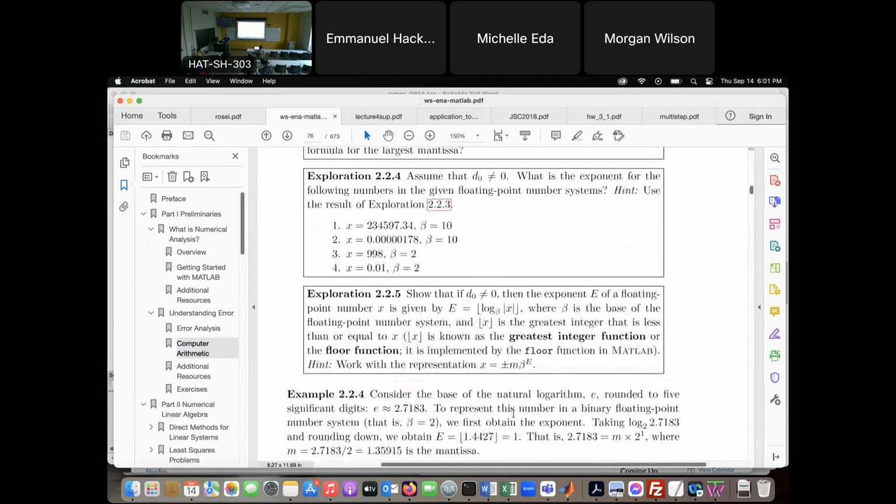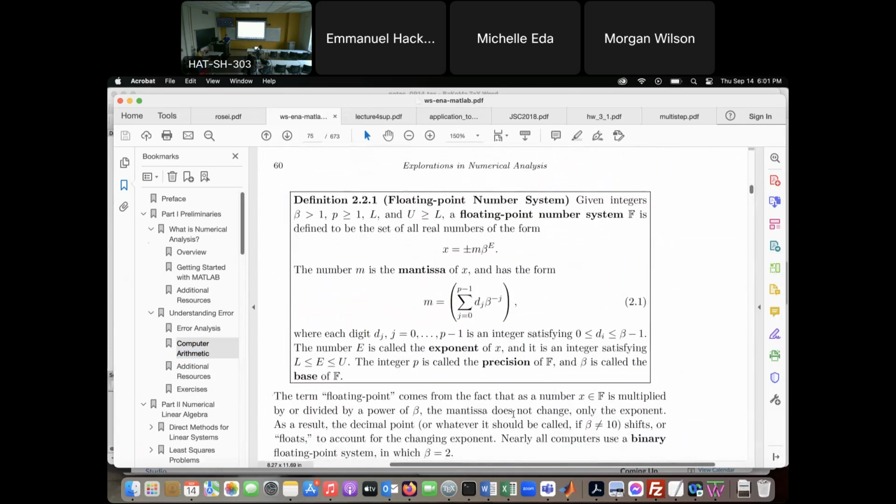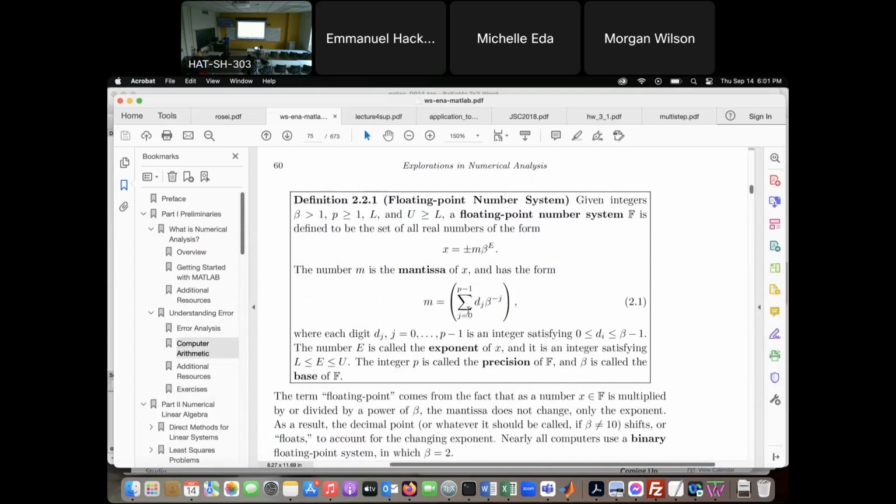So the general form of the mantissa is given here, where we have digits that have to be between 0 and the base minus 1. That's this condition right here.